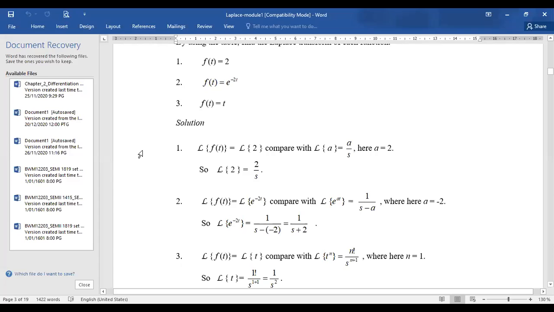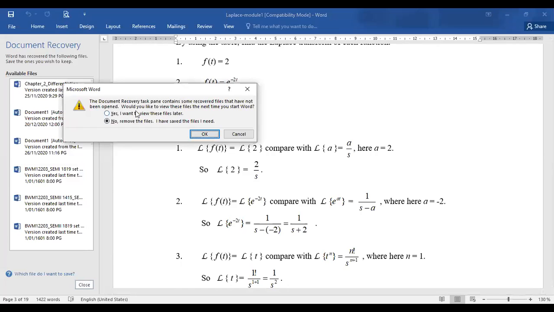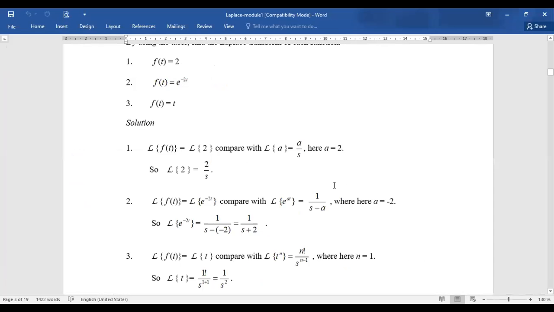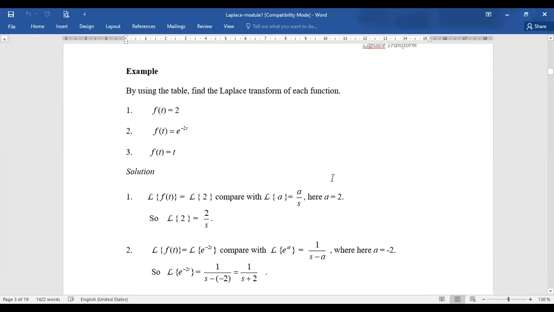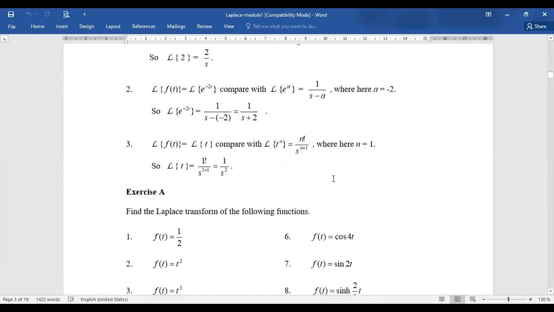Okey. Tengok pada nota ni. Okey, ni semua ni awak boleh start baca sendiri.